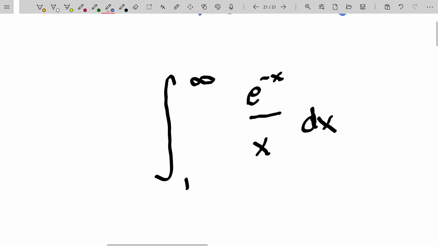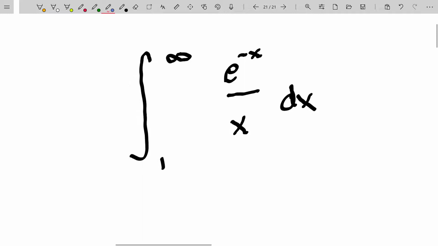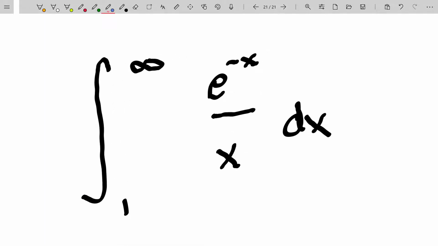Now with this example, there are two ways to approach it. If I'm going to, first of all, think about my intuition here, intuitively, I might say, oh, this will diverge because it's like a 1 over x, but it's not like a 1 over x because as x tends to infinity, this will tend to negative infinity, and therefore e to the negative x will tend to 0 very quickly, in fact.